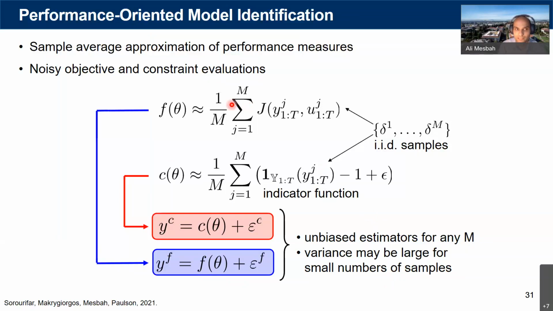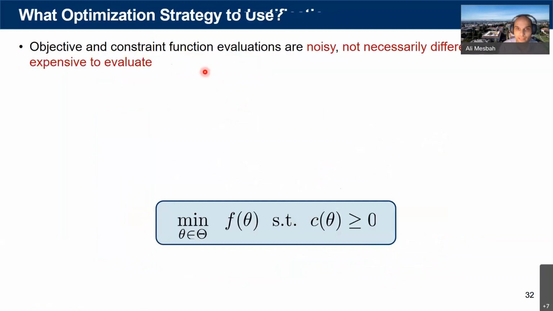So then the question is, how can we really deal with noisy objective and constraint evaluations? Not only that, not only are your function evaluations noisy, they are not necessarily differentiable either, and they are in fact expensive to evaluate. Again, keep in mind that we are either running the real system, this is episode-to-episode learning, or run-to-run learning.